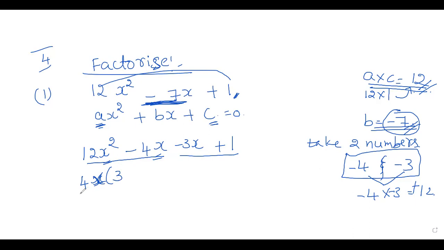If you multiply these two, again you have to get the same term, children. 4 3s are 12. Since 1x is taken as common, one more x remains. I will write that x here. Now minus 4x we had already taken as common factor, so nothing is remaining there. So I will write 1.